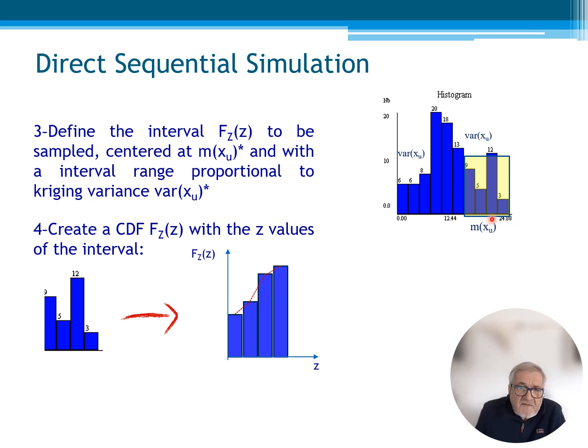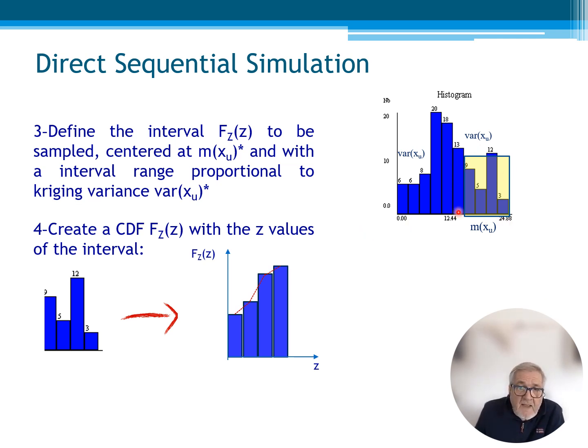In this case, as you can imagine, the local mean could be a high value or a low value, and so on. And the range of the interval is more spread or less spread, depending on the variance.